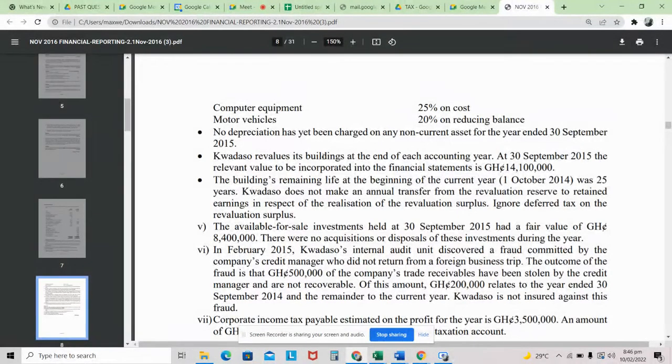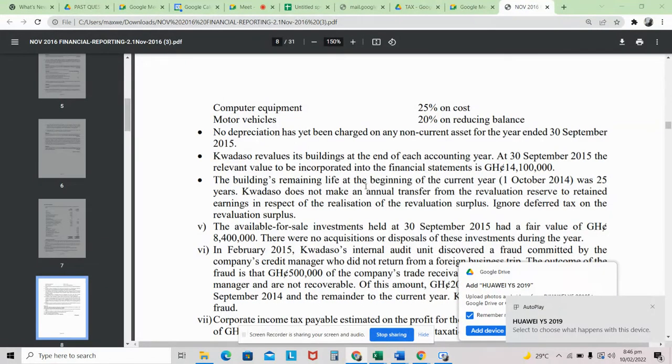Kwadaso revalues its building at the end of each accounting year. At 30th September 2015, the relevant value to be incorporated into the financial statements is 14.1 million. The building's remaining life at the beginning of the current year, 1st October 2014, was 25 years.